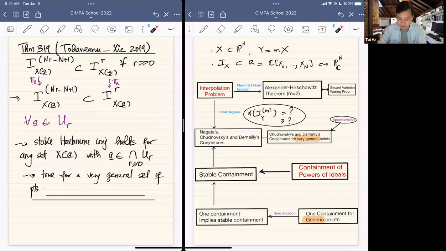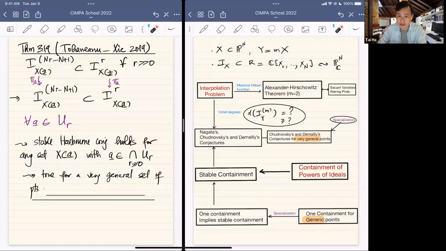As I mentioned in my first lectures, if one is interested in when a set of fat points with the same multiplicity has maximal Hilbert function, then that is a very difficult problem, even in the case where the multiplicities are all two.